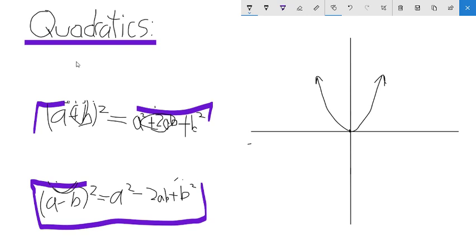When we're given an expression like this: 4x squared plus 8x and then plus... 2 times 2 is 4.